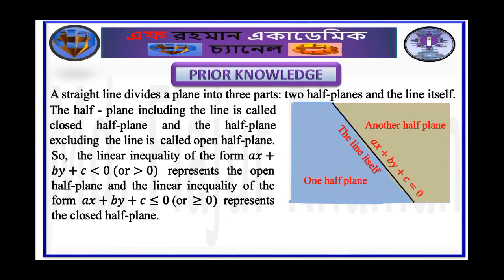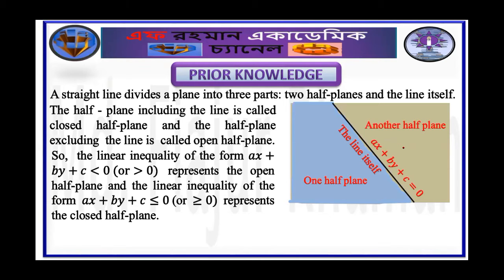So the linear inequality of the form ax plus by plus c less than 0 or greater than 0 represents the open half plane, and the linear inequality of the form ax plus by plus c less than or equal to 0 or greater than or equal to 0 represents the closed half plane. Ax plus by plus c equal to 0 is the equation of this straight line.